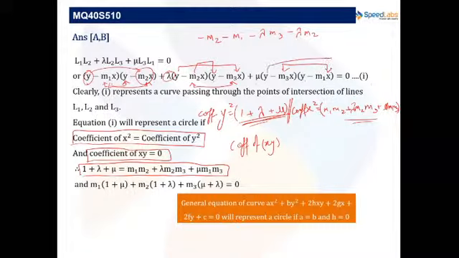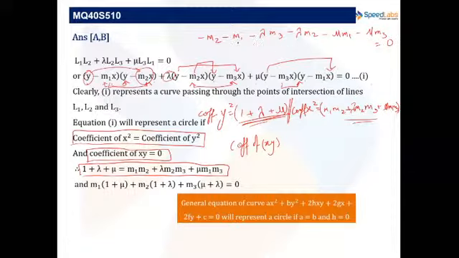Here, y into x, we will be getting plus mu minus mu m1, and here we will be getting minus mu m3, and this whole should be equals to 0.